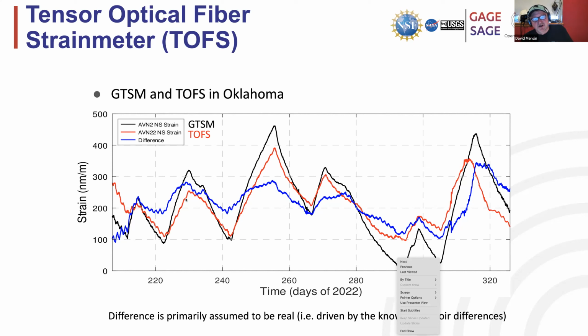So much cheaper. And then this blue line is the difference. We interpret that the instruments are working almost exactly the same. The difference is really driven by the reservoir difference, which Scott and his team are trying to use to characterize the reservoir, because these are roughly 500 meters apart in a reservoir that we know is different at that scale.